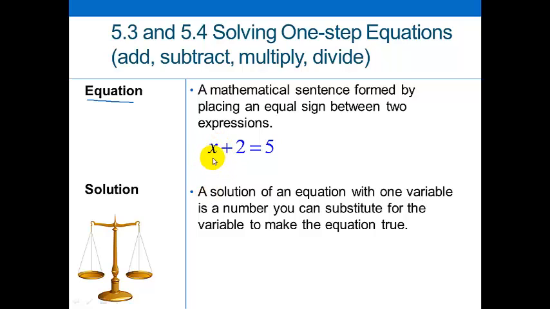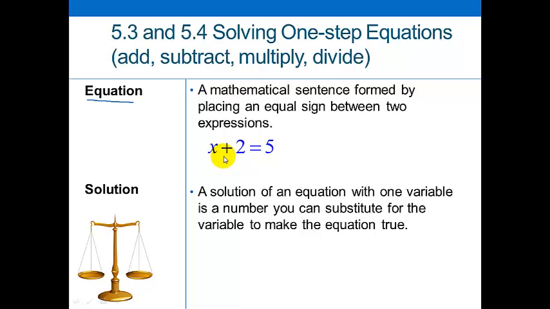So what could I put over on this side that I can add 2 and that would equal 5? So a solution of an equation with one variable is a number you can substitute for the variable to make the equation true.